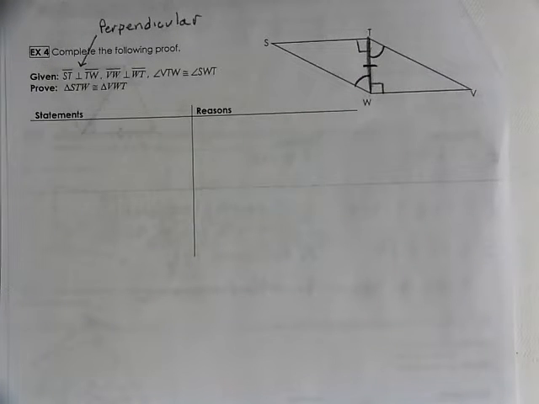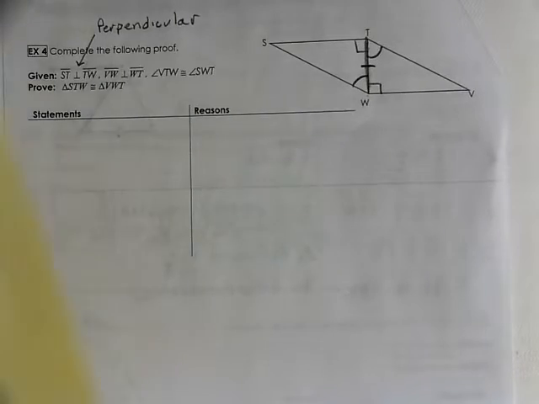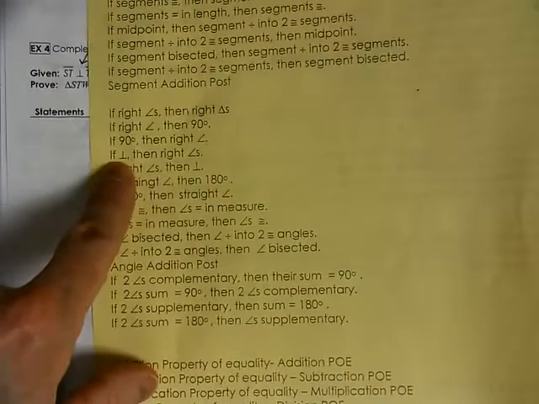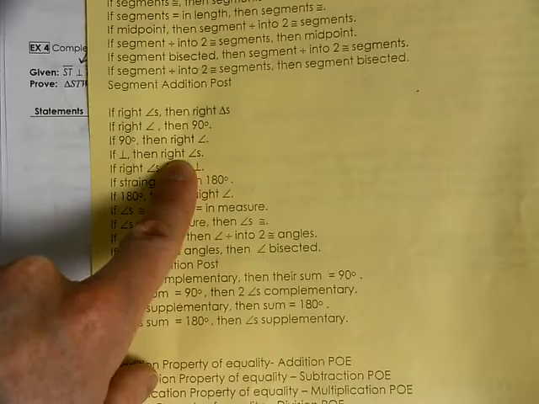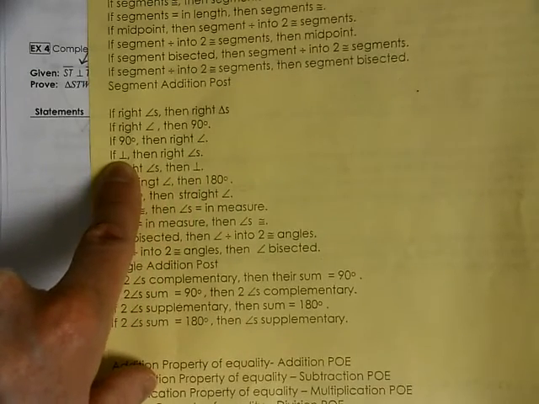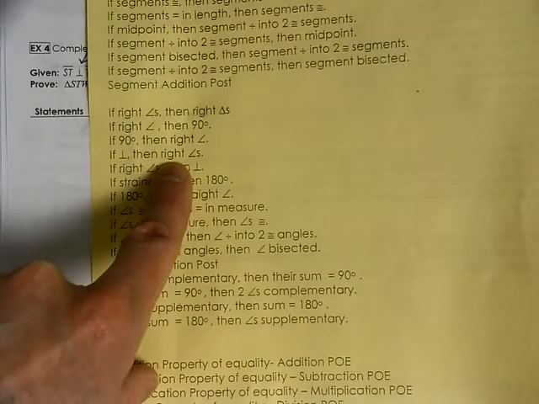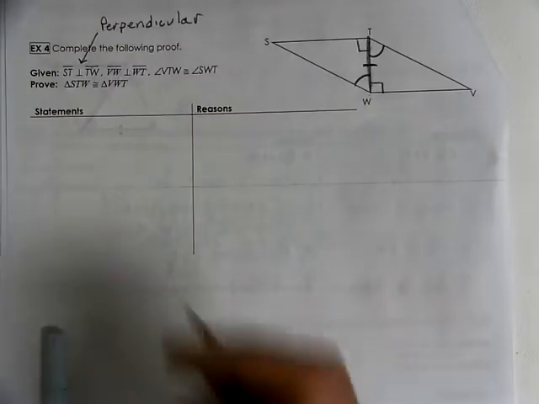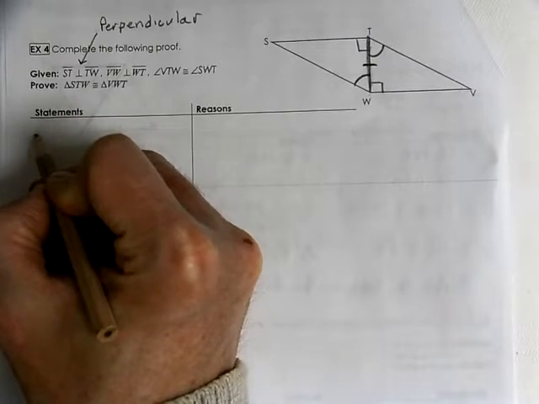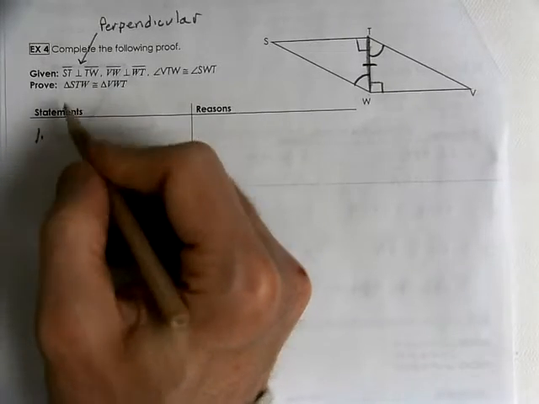That's the reflexive property. Now something we need to notice is if perpendicular, then right angles. That's the order that we have to go. Every time we talk about perpendicular, we want to talk then about right angles. So we're going to come in here and get our information in here.